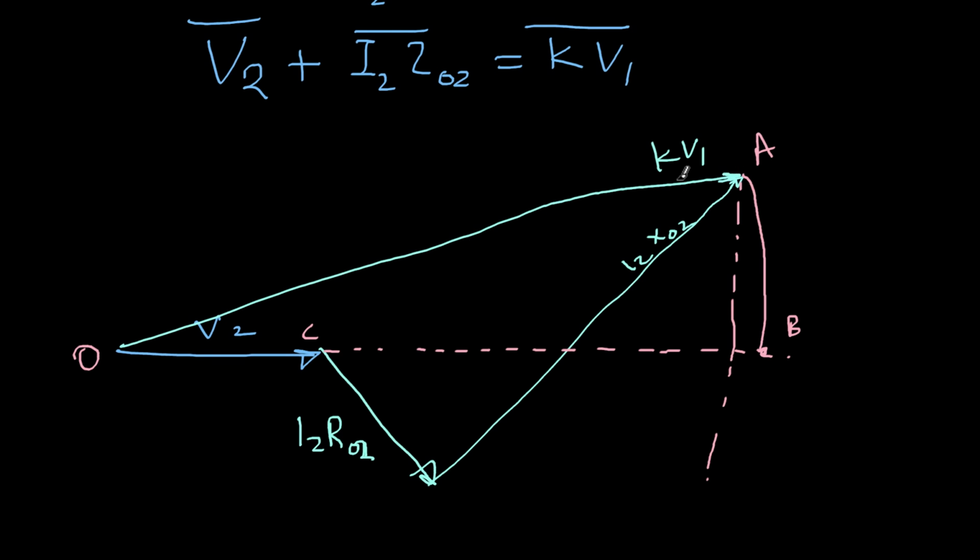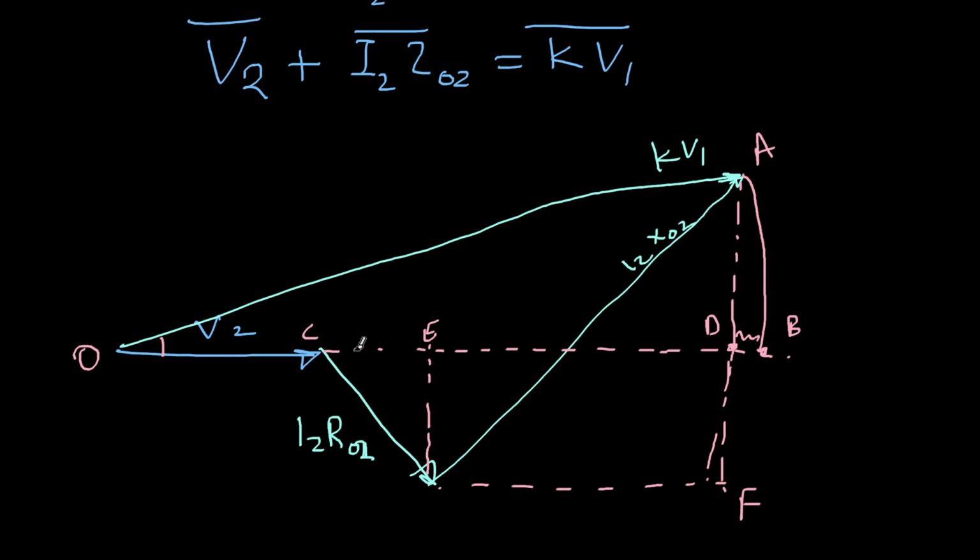OA is the terminal voltage of the primary multiplied by K. So the actual drop I can find is from C to B, but then I'll just approximate it. This gap is very small if this angle is very small, and typically this angle will be less than 10 degrees. So therefore we neglect this gap, and then I'll equate CB equal to CD, and then I can just say E, and then mark this point as F.